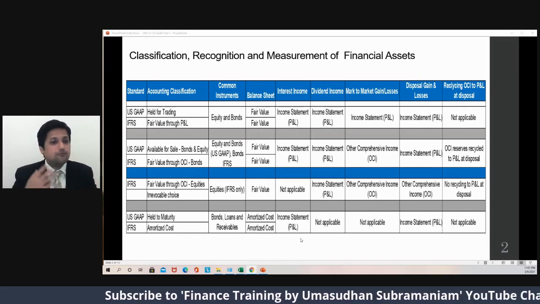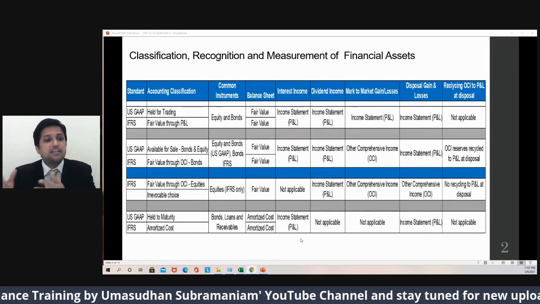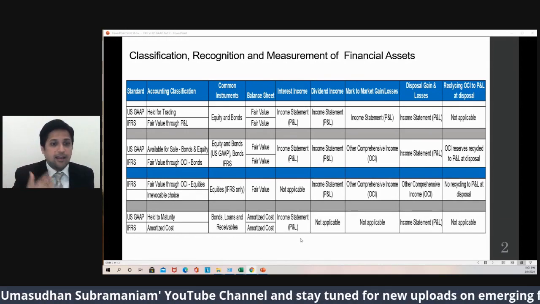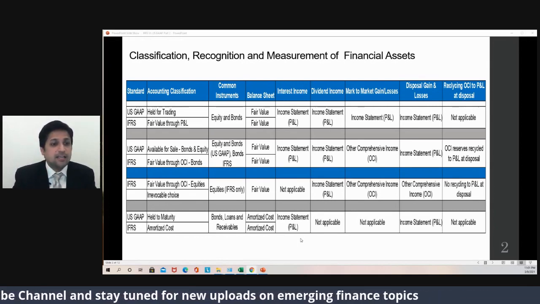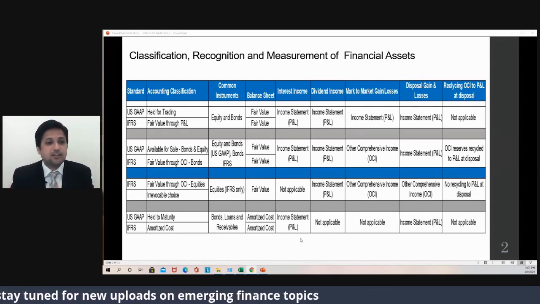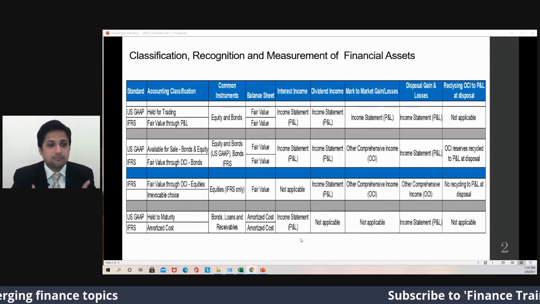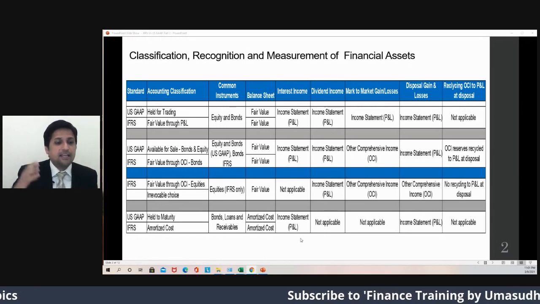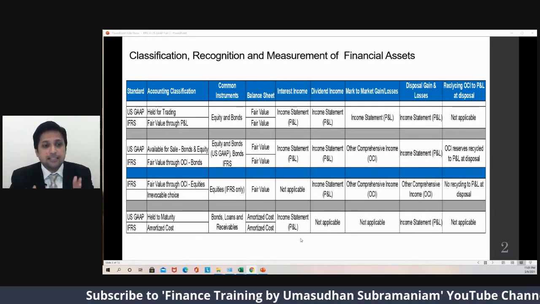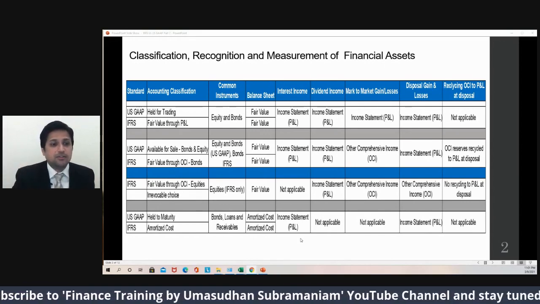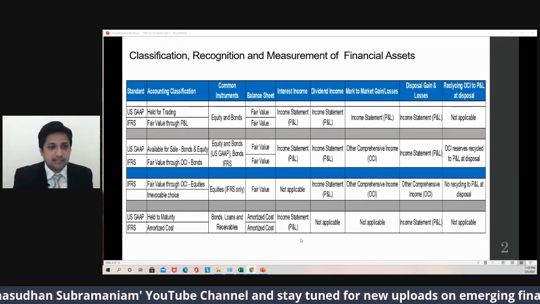However, what we are going to focus on, for each category of financial assets, is their subsequent measurement. So likewise, for held for trading or fair value through P&L, investments are subsequently measured at fair value. We call this process mark to market. And remember, any gains or losses arising from this mark to market exercise must be taken to the income statement for this category of financial assets.